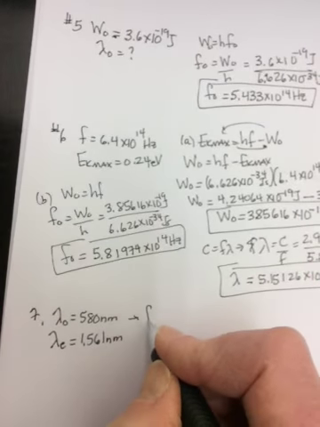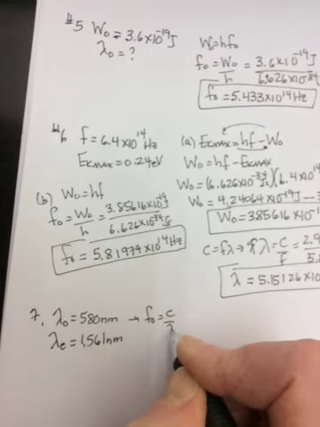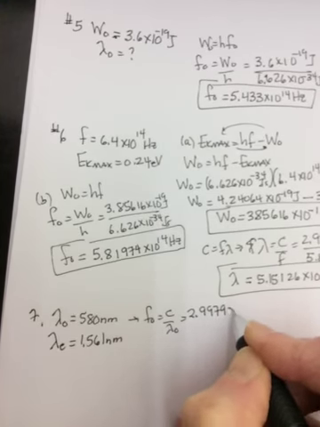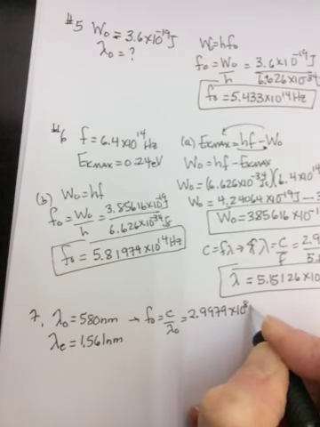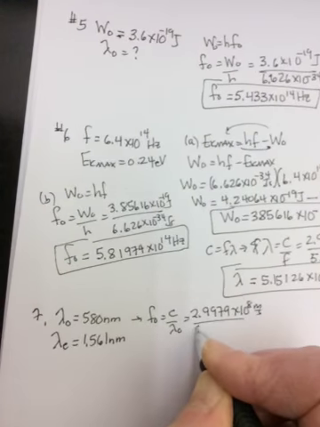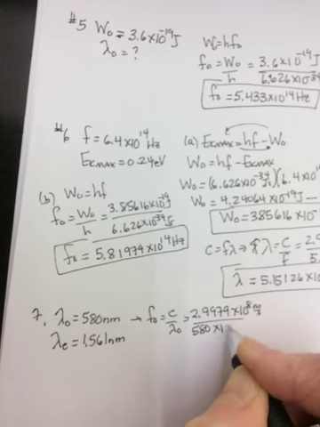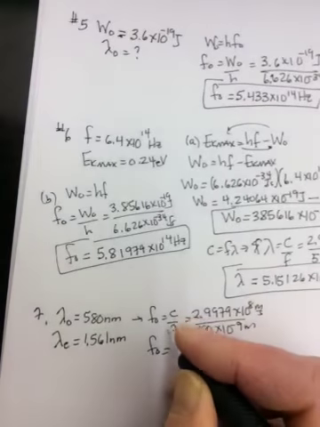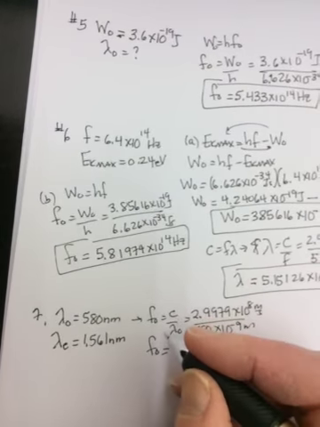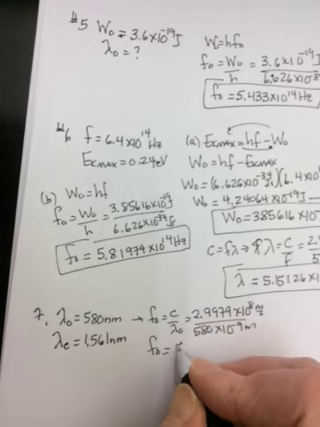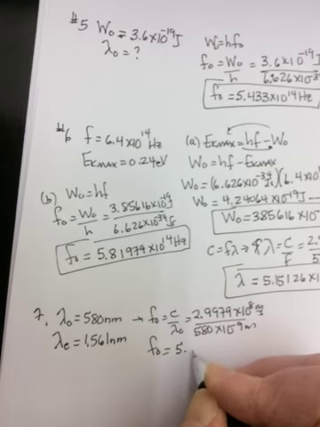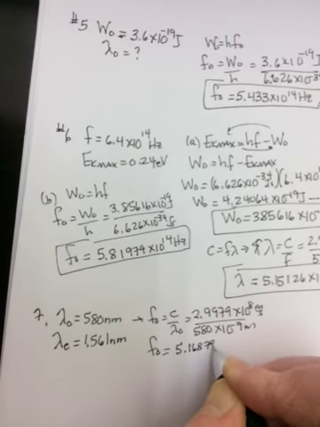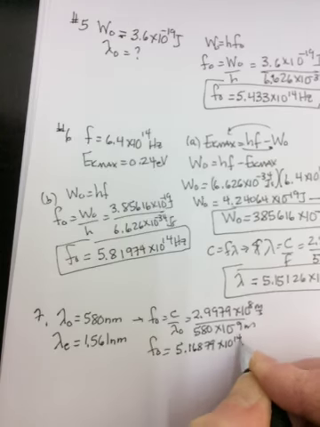So first step, FO is equal to C over lambda O, 2.9979 times 10 to the 8th meters per second divided by 580 times 10 to the negative 9 meters, and you get a threshold frequency of 5.16879 times 10 to the 14th hertz.